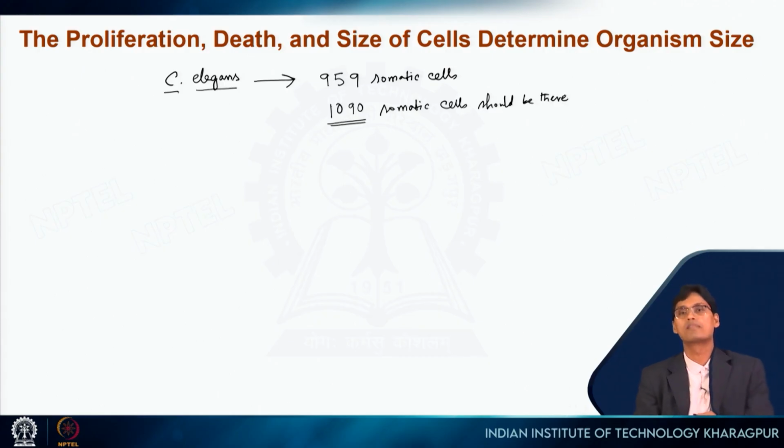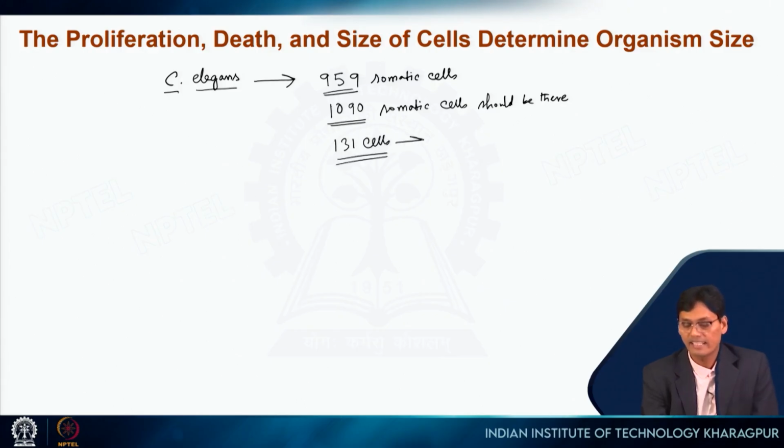But what I am telling you now is that 959 cells are present, because 131 cells get deleted by a method called apoptosis. I will discuss this in more detail in some other classes.